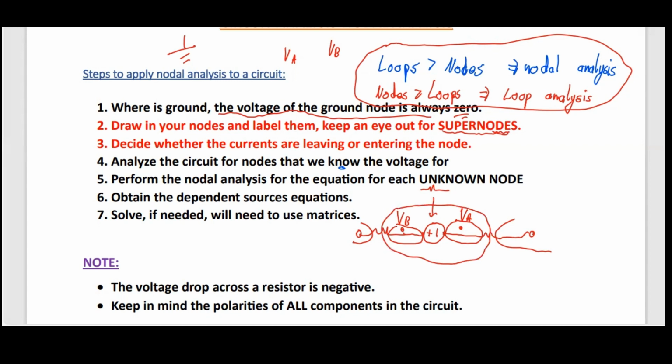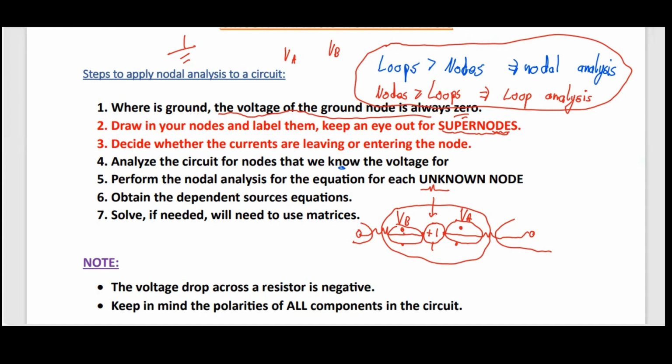Look at it, put it in your brain. You have a voltage source, and you have two nodes at the ends. Anytime you have this occurring in a circuit, whether it's a dependent source or independent source, which we'll get to just now, once it's a voltage source and you have two nodes at the ends, this is a supernode occurrence.